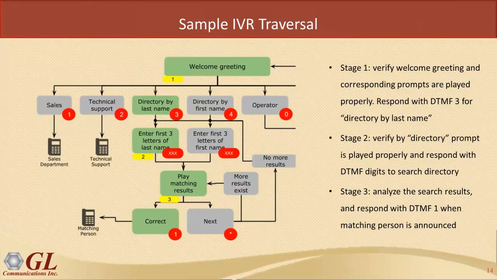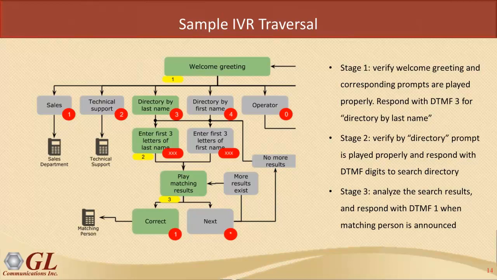At the third stage, the IVR directory system will play back all the matching results from the 3 digits that we entered, and the IVR test system will monitor for those responses. Once it finds the specific person that we have in mind, we can respond with a 1, and that'll connect us to a matching person.